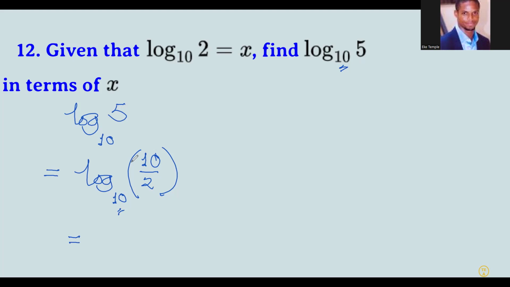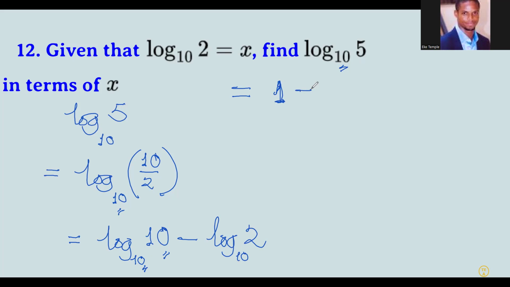Let us separate this out by the reverse of the combination law. We have log base 10 of 10 in the numerator minus log base 10 of 2 in the denominator. And follow this up very quickly. Same base, same argument. You know that by law 2 in this video, that is 1, one whole number, minus what we're given, log base 10 of 2.